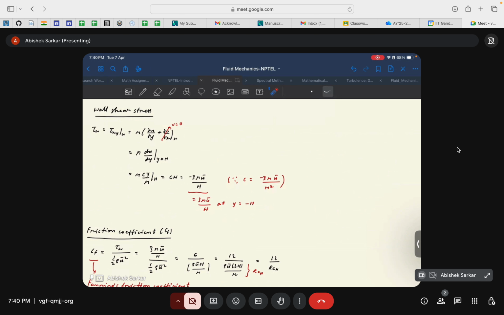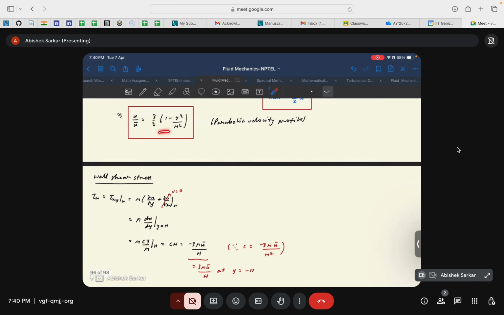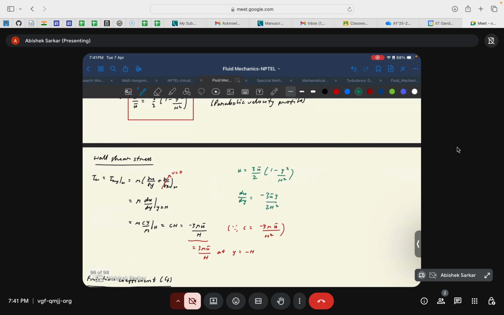I think it's quite simple. Just take the velocity field given by this equation: u would be 3 u bar by 2 times 1 minus y square by h square. Then du by dy would simply be minus 3 u bar y by 2 h square, where the 2 cancels out, so by h square.